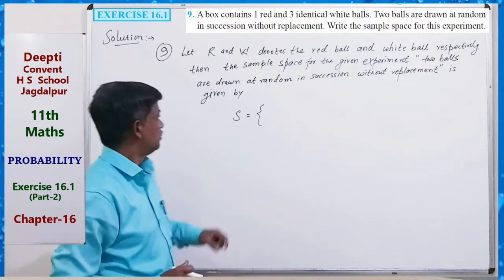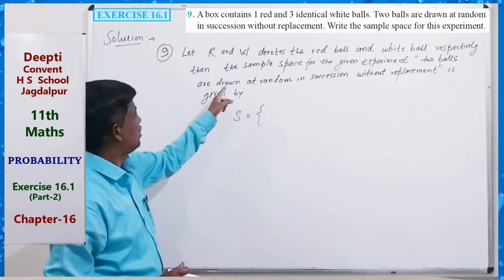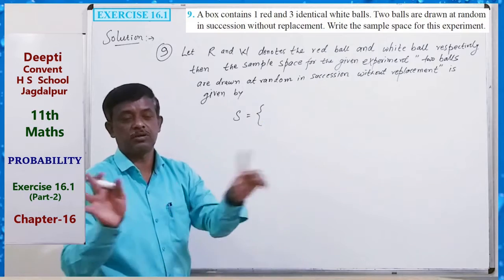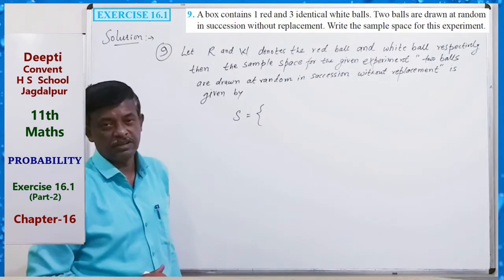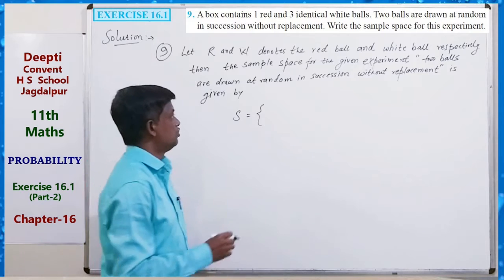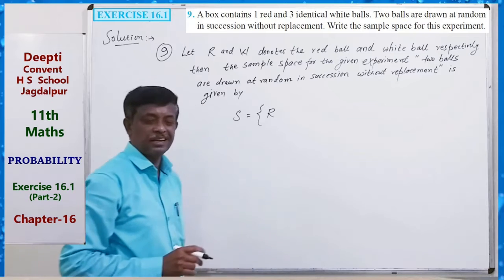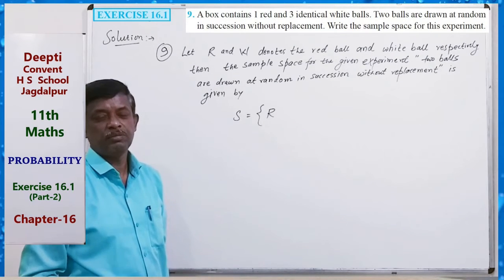So 2 balls are drawn at random in succession 1 by 1 without replacement. We just do not put it back in the box. Okay, so if we get red in the first selection, then the other may be what?